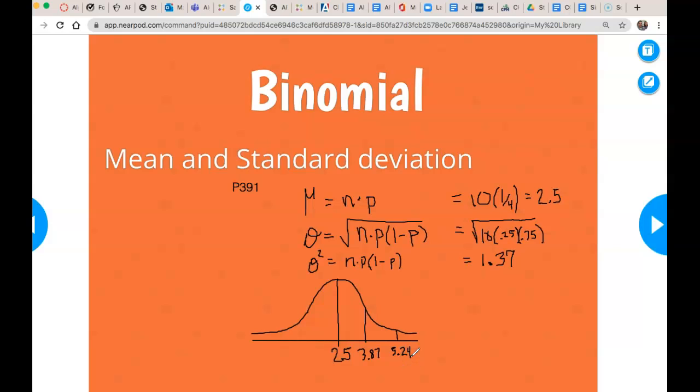According to a binomial distribution, getting 5 or less questions right happens 98% of the time. According to a normal distribution, getting 5.24 questions right happens 97.5% of the time. This is about the 97.5 percentile. It's actually 0.9772, if you look it up, 2 deviations.